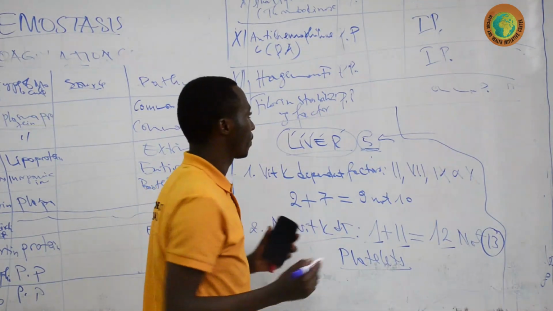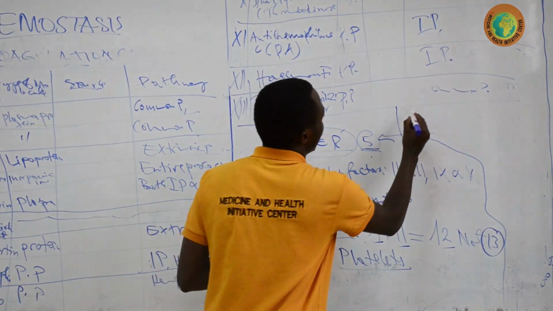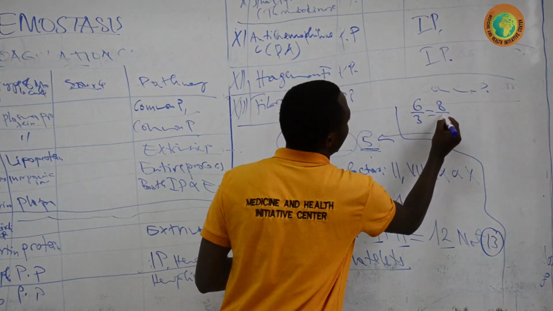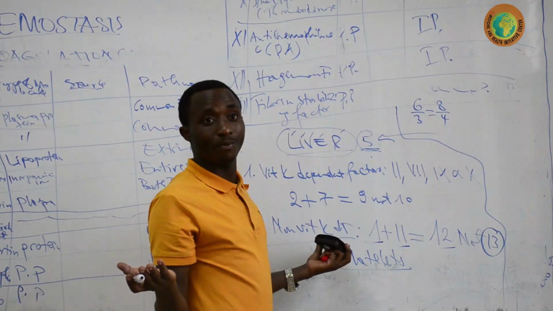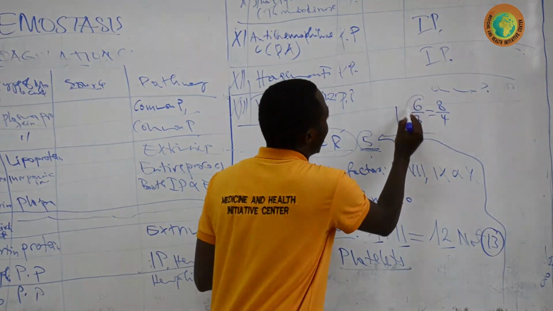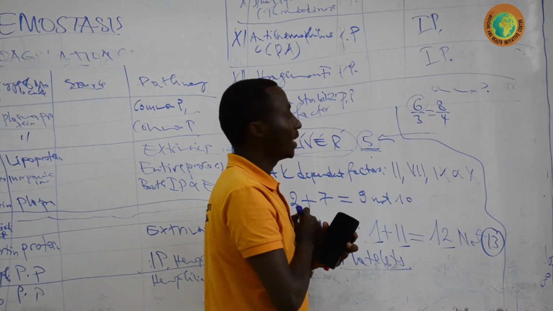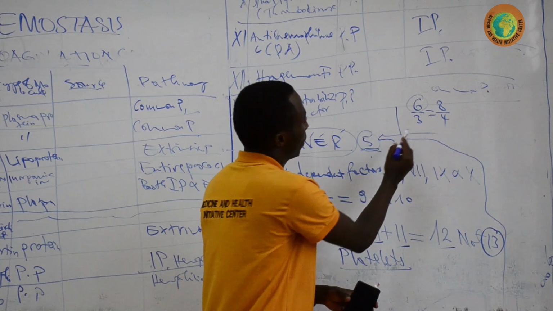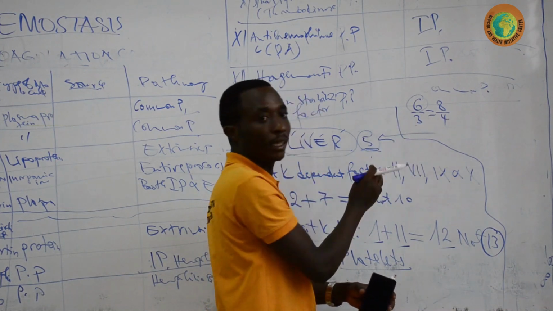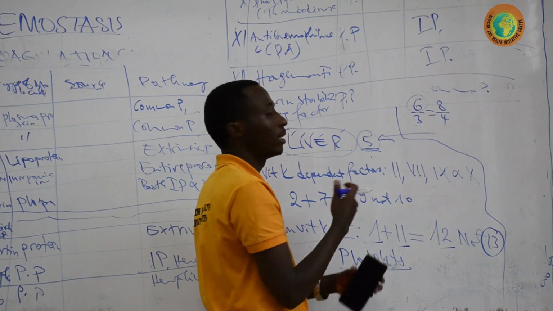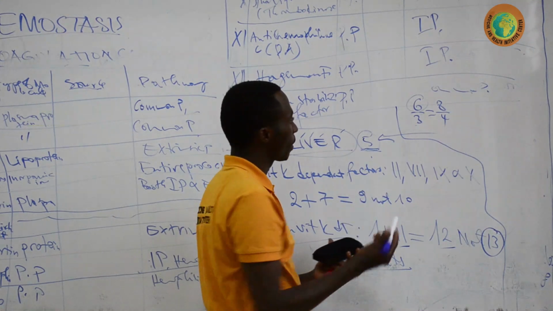Very easy. Remember, 6 over 3 is equal to 8 over 4. Factor 6 doesn't exist by now, but all the 3 factors remaining in this fraction are distinct.